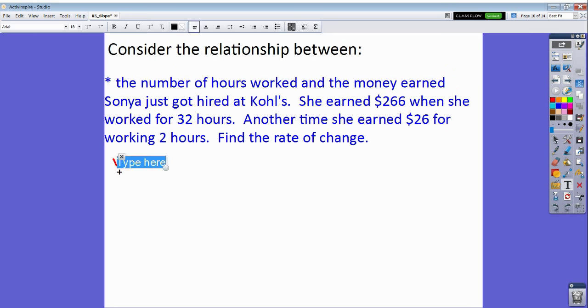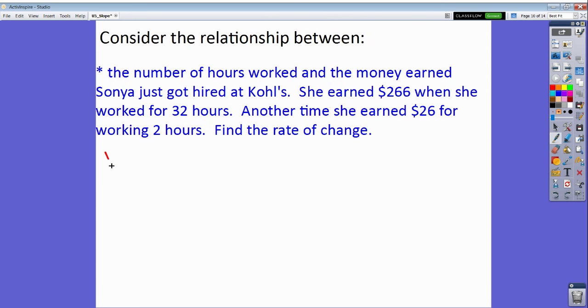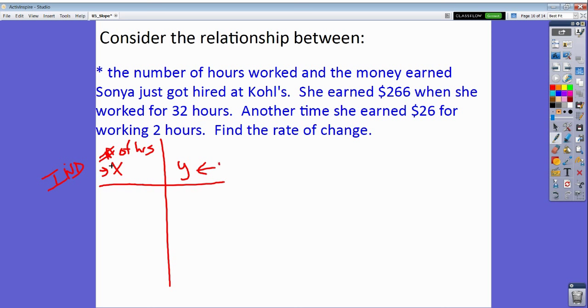So the number of hours is our independent, and that is our X because it is our independent. And we know that our Y is going to be our dependent, which is the amount of money earned.